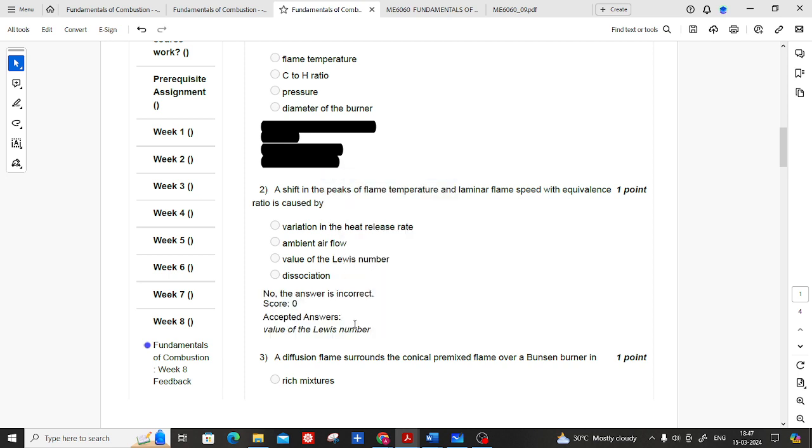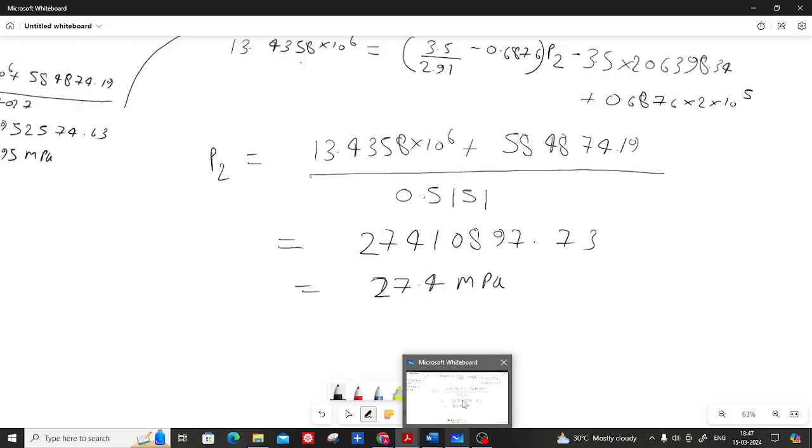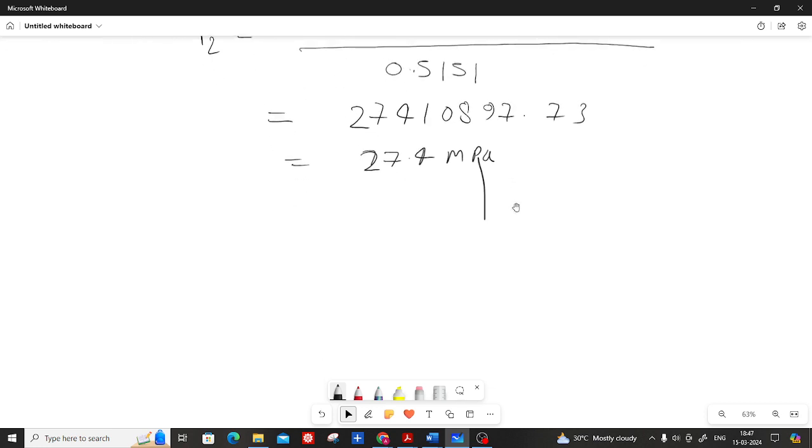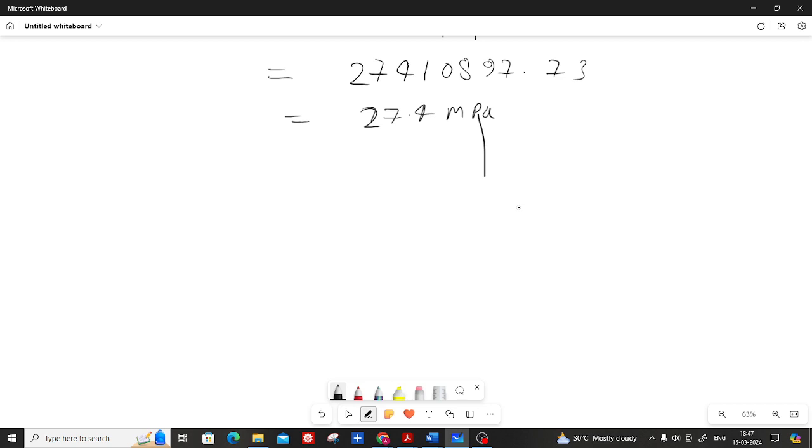See, what is the Lewis number? Can anyone tell what the Lewis number is? Mass diffusivity upon the... Harsh, you tell.